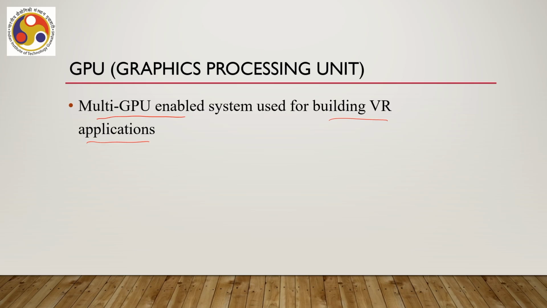GPU stands for graphics processing unit. For those who may not be aware, these are typically used to speed up the rendering process because of their inherent parallel processing abilities and the inherent parallelism in the rendering process.